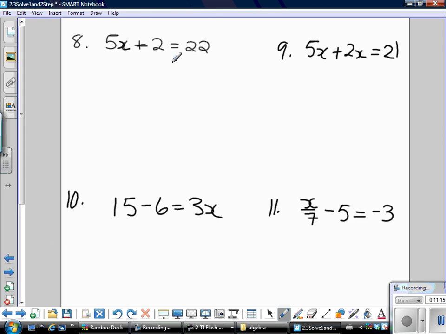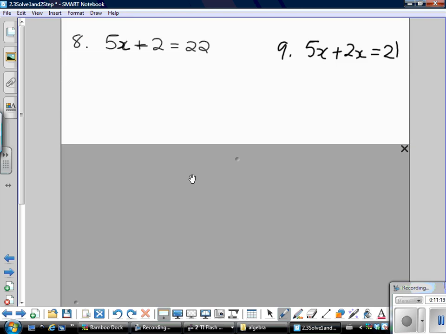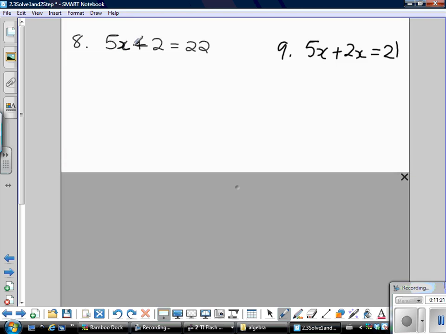Got some more here for us. Okay, so these ones, and I'm going to put the screen up again. Let's take a look at this one. 5x plus 2 equals 22. So the problem is here, I have a few things going on with the x's. I have a 5x that I have to get rid of the 5, and I have a plus 2. So what I'm going to do is I'm going to move my constant terms first. So the opposite of adding 2 is subtracting 2.